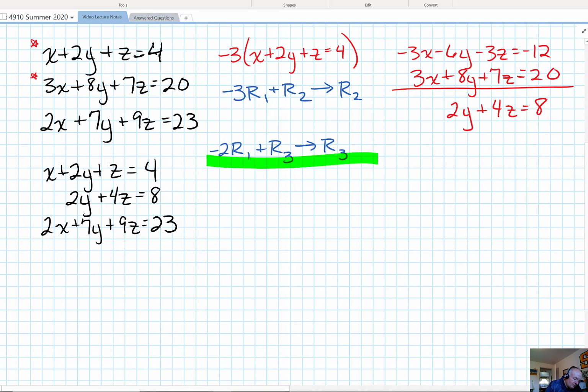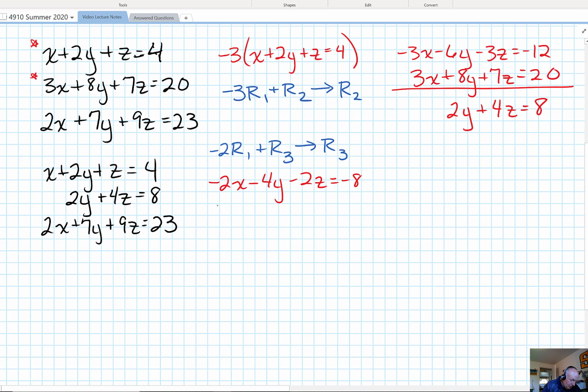All right, so let's write this down. Minus 2 times row 1 is minus 2x minus 4y minus 2z equals negative 8.